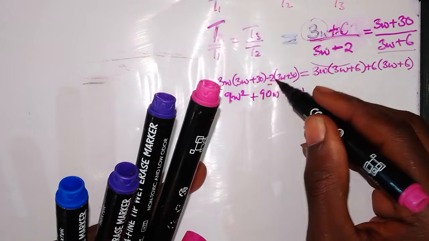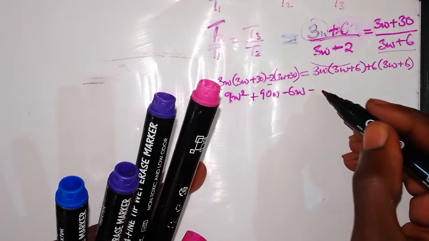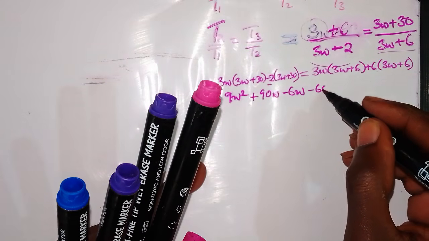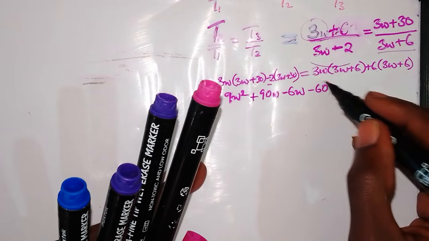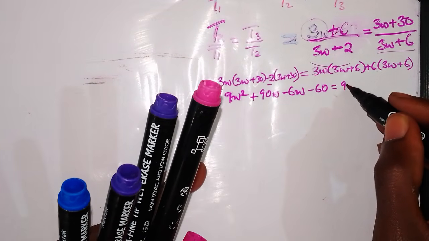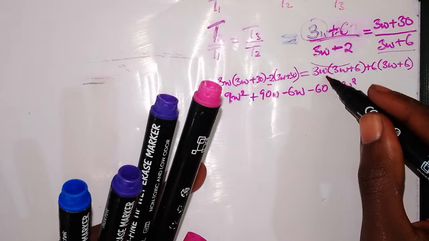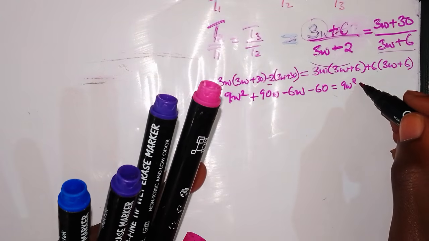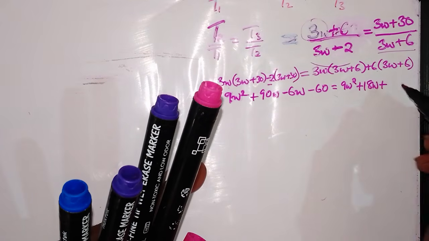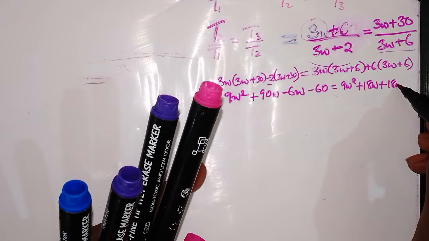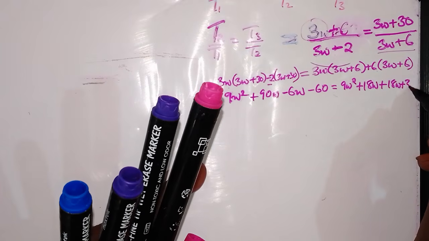Negative 2 times 30 we have negative 60. Equals 3W times 3W gives 9W squared. 3W times 6 we have 18W, plus 6 times 3 we have 18W, plus 6 times 6 is 36.